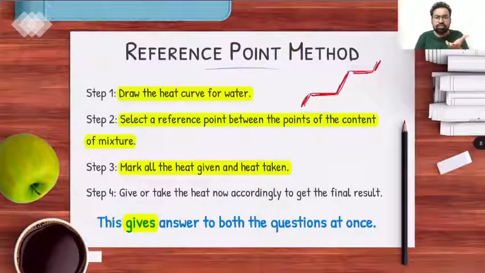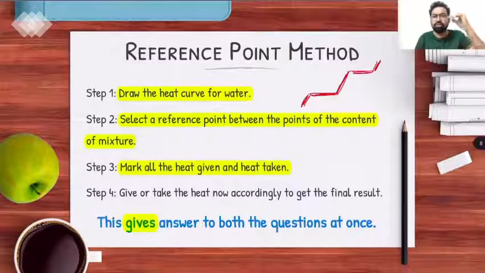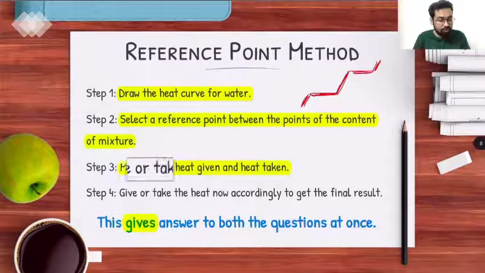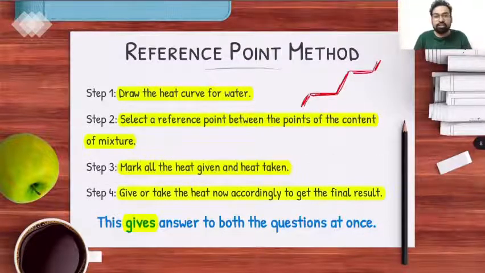Let us say there was a body that was cool, it gains temperature, reaches to a certain reference point. There was a hot body that loses temperature and comes to the certain reference point, which we can decide, which is between the contents of the mixture. And let's now just do the calculations, right? Give or take the heat now accordingly to get the final result.